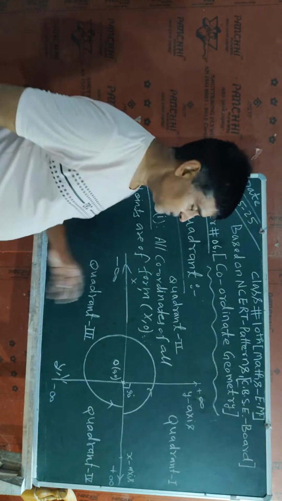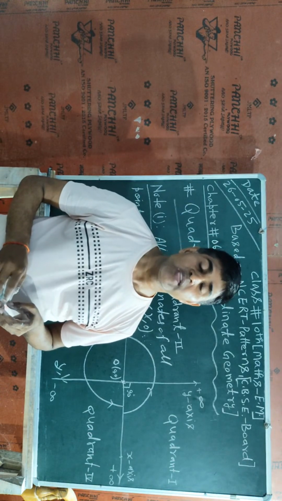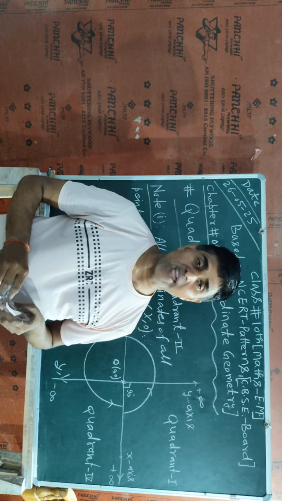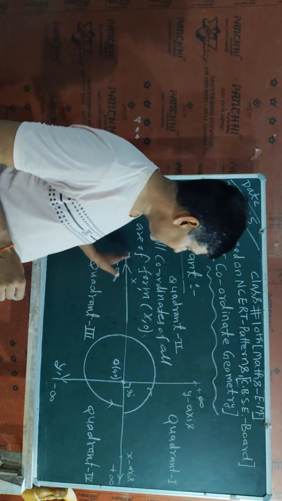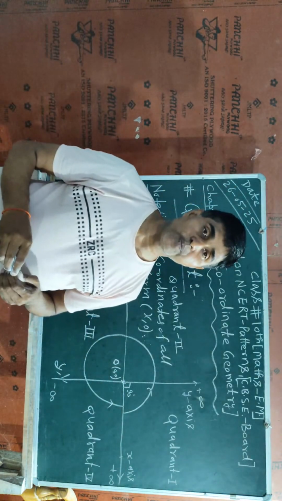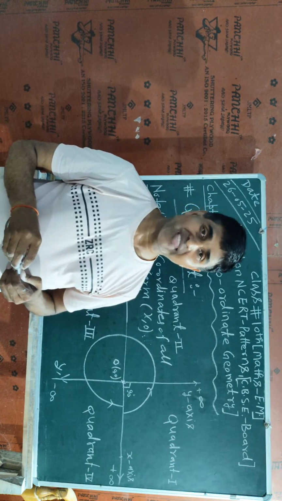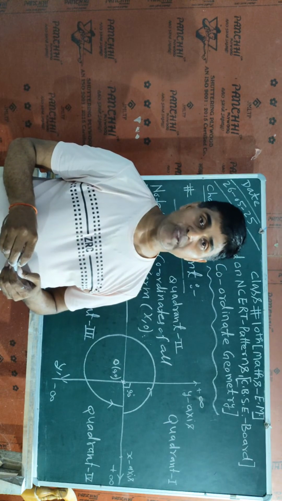It means that if I take any point on the x-axis, the y-coordinate will be 0. If I take any point from minus infinity to plus infinity on the x-axis, the ordinate value will be 0.